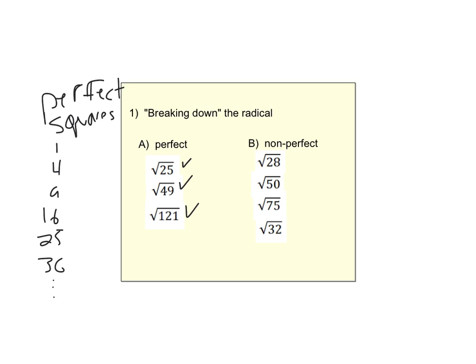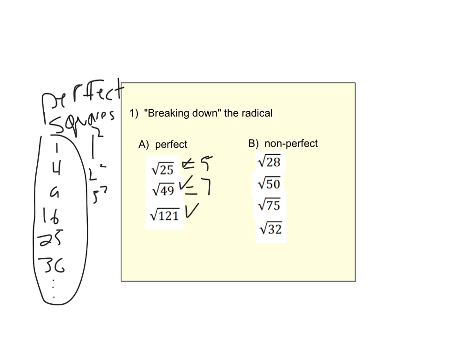You might want to consider familiarizing yourself with the perfect squares up to 15. So like 1 squared, 2 squared, 3 squared, and so on. So square root of 25 is obviously going to be 5. Square root of 49 is 7. Square root of 121 is going to be 11. So those would be considered your perfect squares. Non-perfect is anything that is not a perfect square.